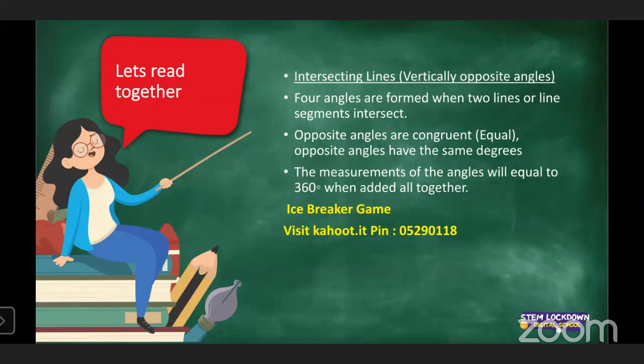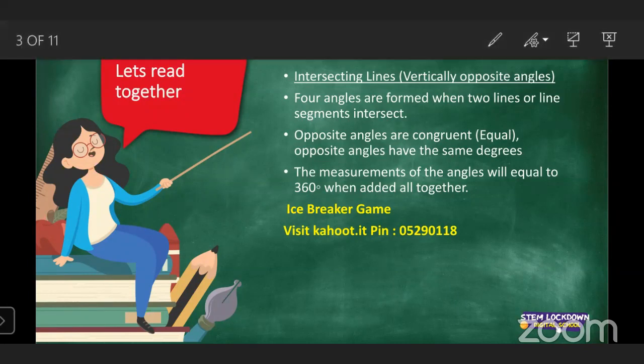Four angles are formed when 2 lines or line segments intersect. What do they mean when they say intersect? They mean that they cross each other. So for example, 2 lines will form 4 angles.